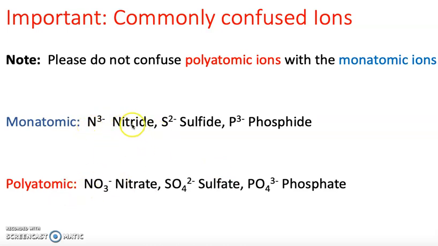A common mistake is to think that nitrate, NO3-, is actually N3-, or vice versa. Some people tell me that N3- is nitrate. ATEs and ITEs are polyatomics. IDEs are monatomic. So you have sulfide, sulfate, phosphide, phosphate. If you're confused with that, just remember mono means one. Poly means more than one. And that's it. Those are ions. Just try to become familiar with it. And that's basically it, guys.